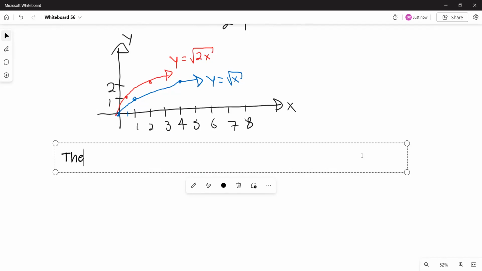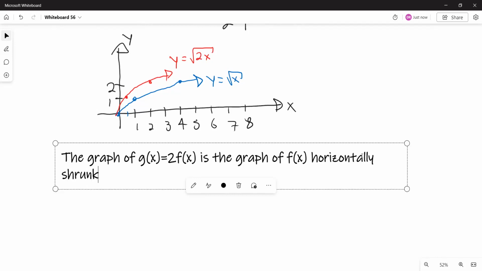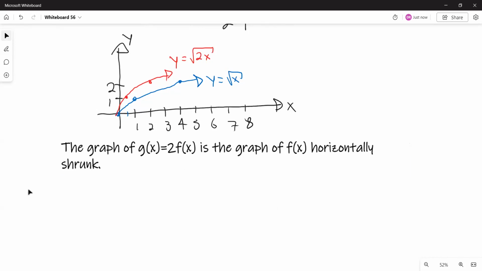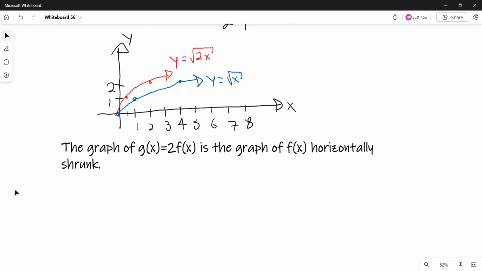So the graph of g of x equals f of 2x is the graph of f of x horizontally shrunk by a factor, in this case, 1/2. So I'm not going to type that, but on your method, you'll have to indicate the factor.